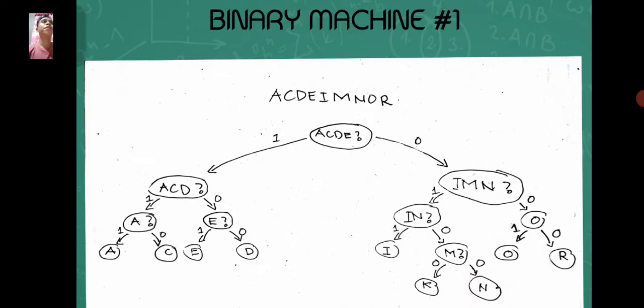First, we will determine the number of bits by tracing up the path. For A, it is 1, 1, 1, and so it has 3 bits.